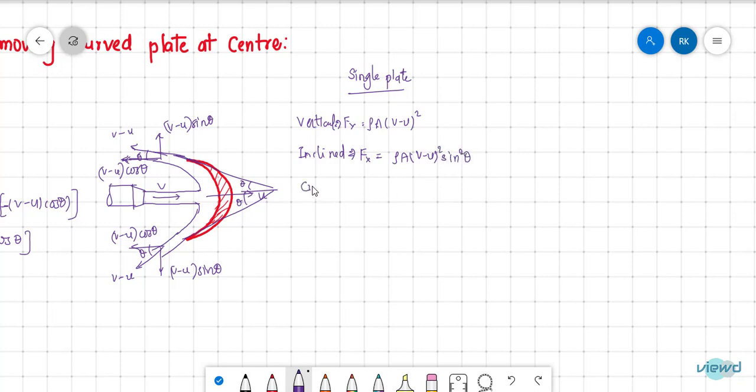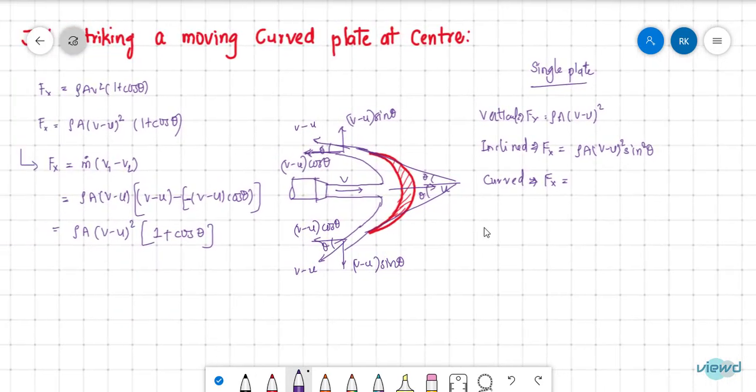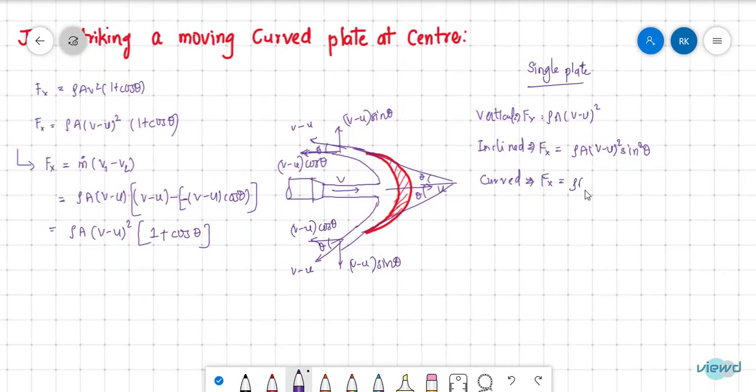In the case of the curved plate, Fx is equal to rho a (v minus u) whole square (1 plus cos theta). And here the work done per second is Fx into u.